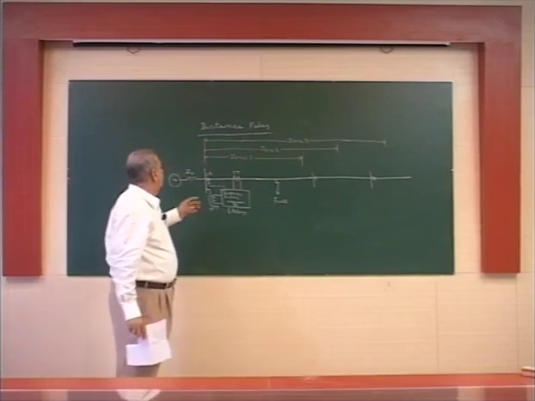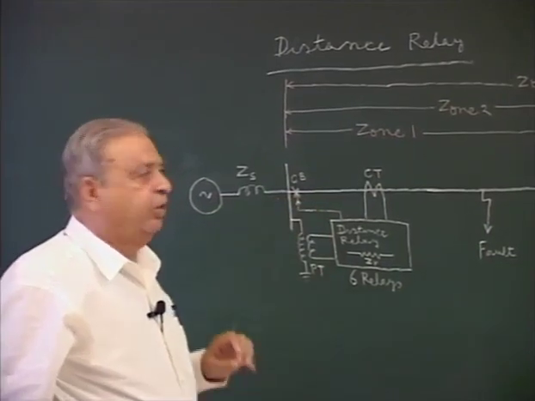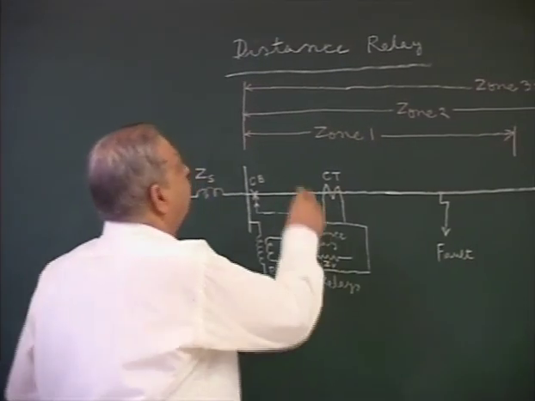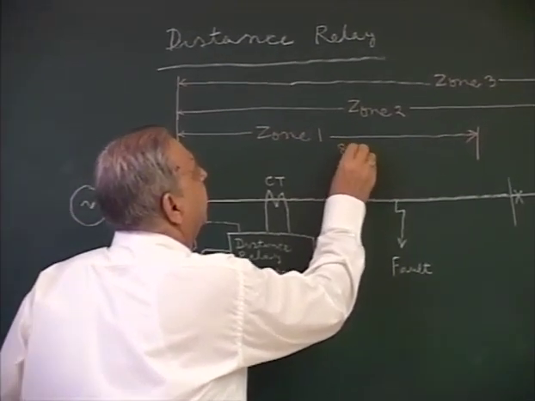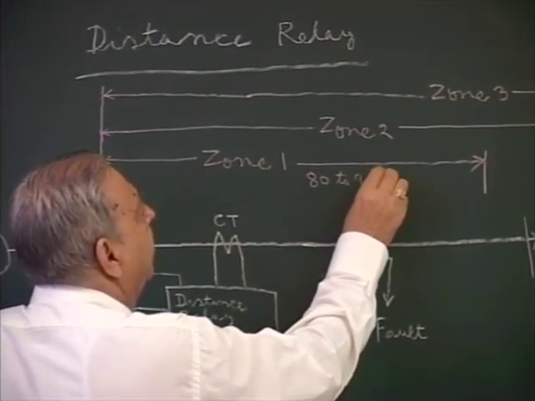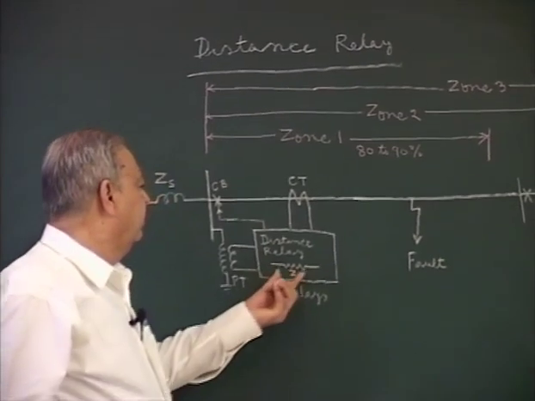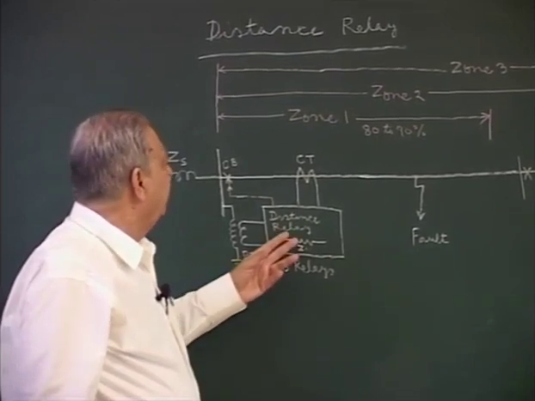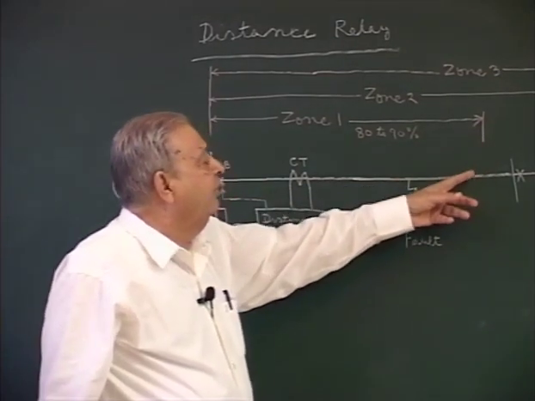That is, the relay located here can protect up to 80 to 90%. So, zone 1 is up to 80 to 90%. ZR is so selected that maximum line length which can be protected by this relay is up to 80 to 90% of this.